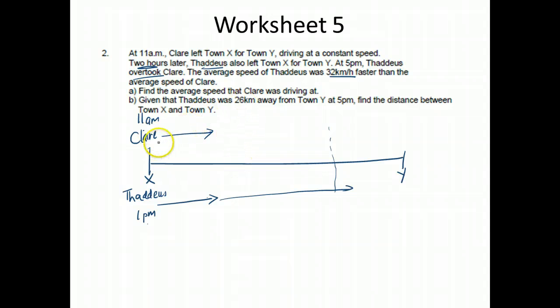So let's look at the time. From 11 a.m. to 5 p.m., Claire would have traveled 6 hours. From 1 p.m. to 5 p.m., Thaddeus would have traveled 4 hours. So we will write the time taken by Claire and Thaddeus would be 6 hours and 4 hours.